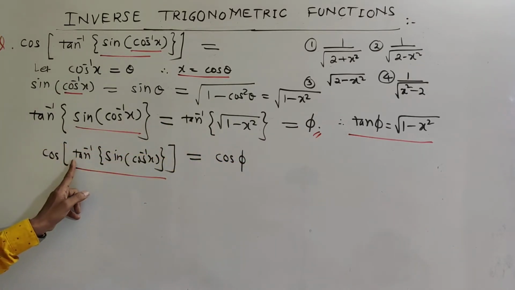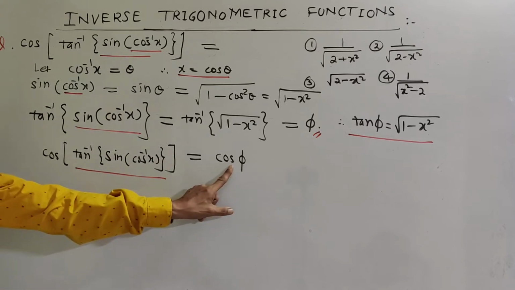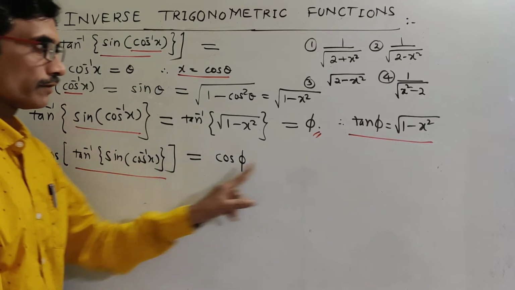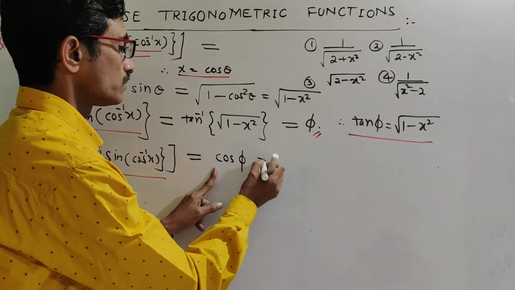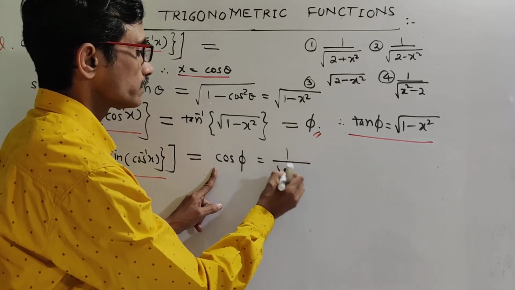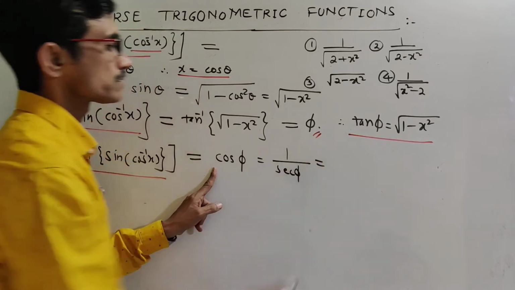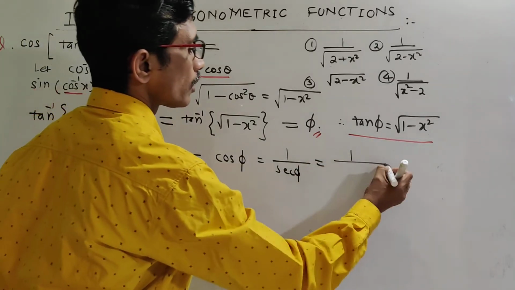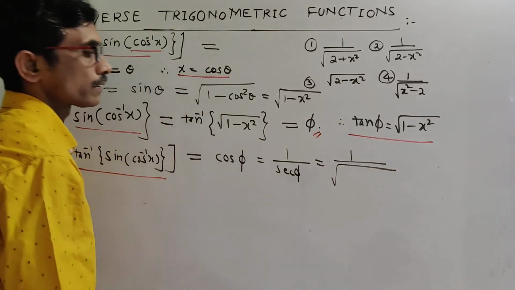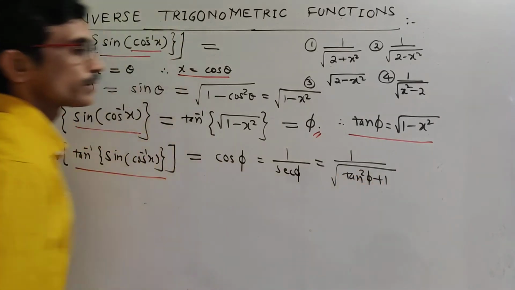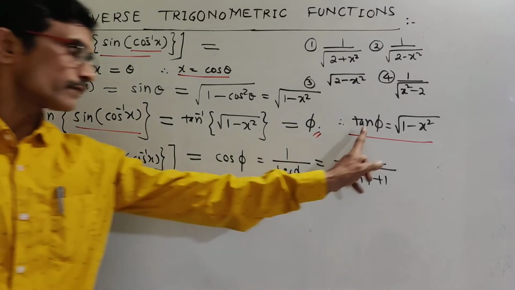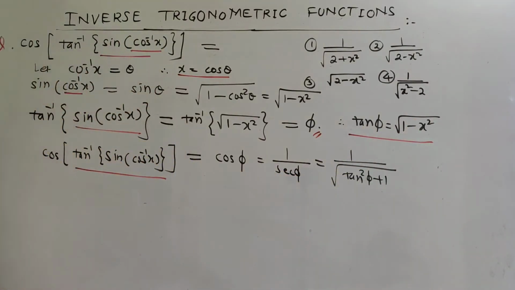Cos of phi we can express in terms of tan phi: that is 1 upon sec phi, which is 1 upon root of tan square phi plus 1, and we have tan phi equal to root of 1 minus x square.